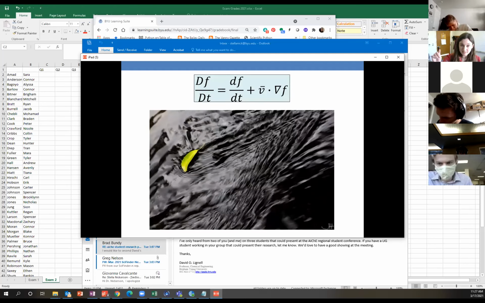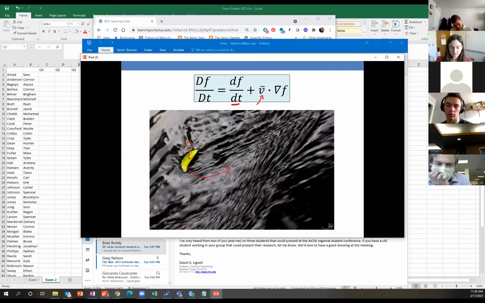Now, this equation sort of looks like just an equation, but I want to talk about it because it should actually make sense to us. We're trying to figure out how the rate of change of the leaf at any point in this flow. First of all, we want to know what F, the function of the property over the whole volume, is doing; it could be changing with time. So that's what the df dt is about. Then at this point, say the leaf is moving in some direction, let's say up there, and that is captured by the velocity of the fluid at that point.